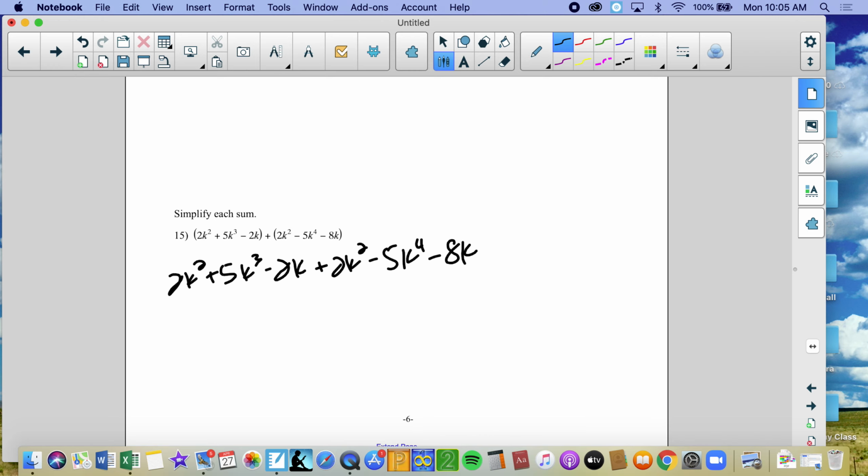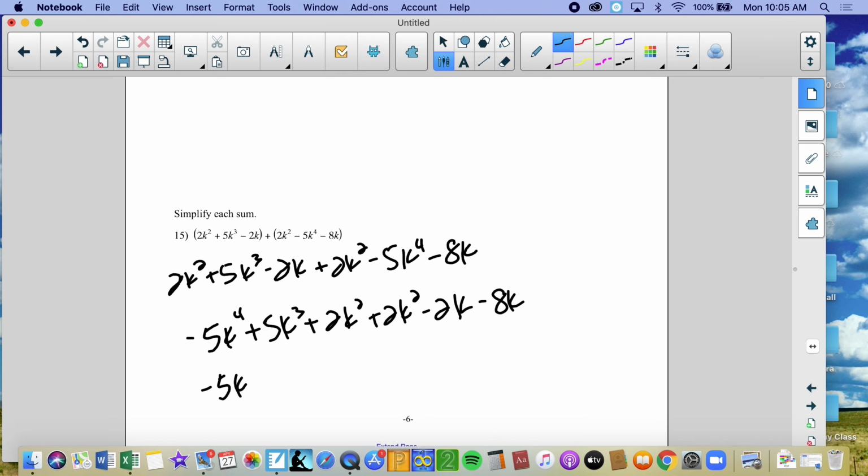So my first term is negative 5k to the fourth plus 5k to the third plus 2k squared plus 2k squared minus 2k minus 8k. And now I'm going to combine like terms. First term doesn't have a like term, so negative 5k to the fourth. 5k to the third doesn't have a like term.